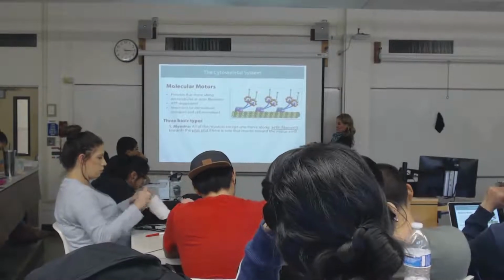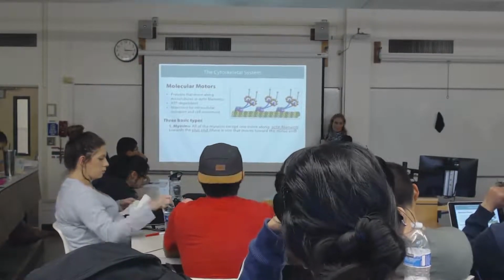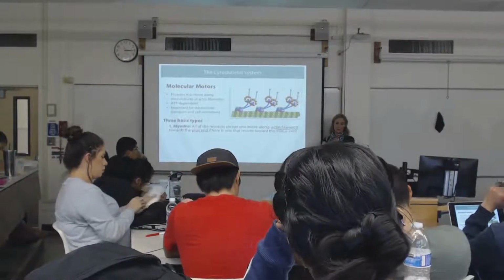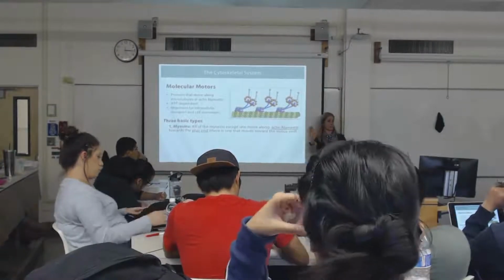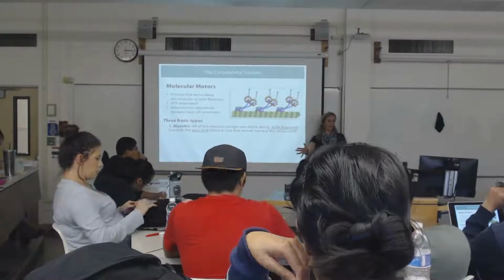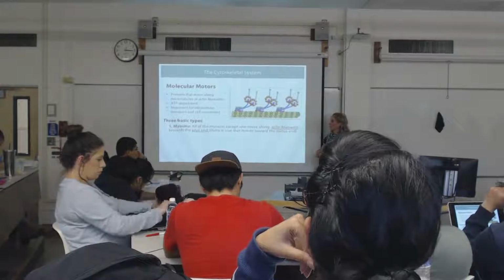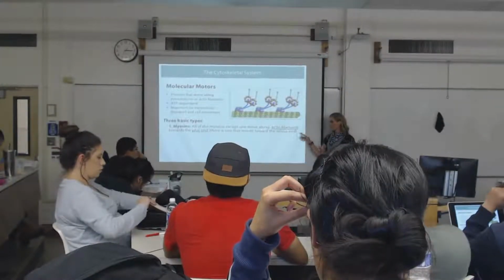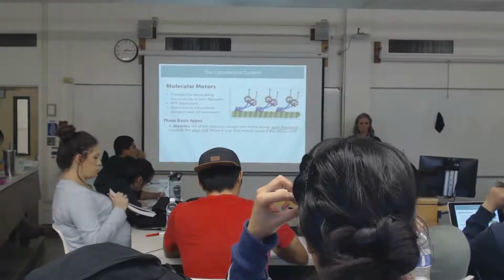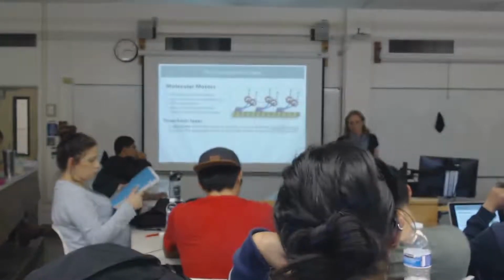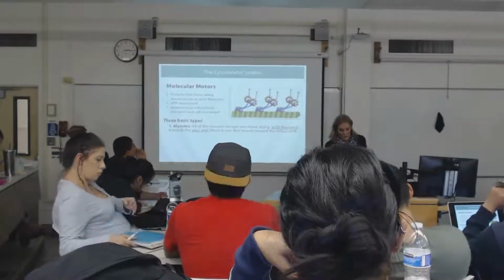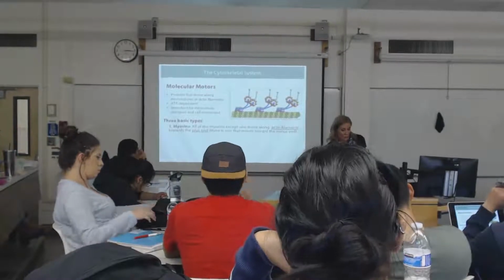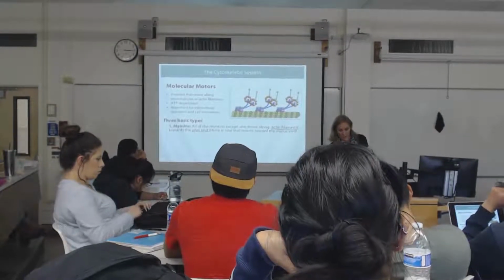What I mean by that is any given molecular motor is going to walk in a specific direction, either towards the plus end or towards the minus end on the cytoskeletal filament. Most myosins walk towards the plus end. There is one that moves towards the minus end. Okay, so that is the molecular motor of actin filaments, myosins.